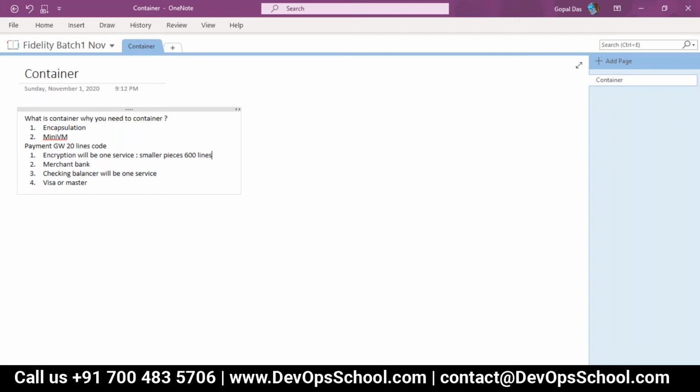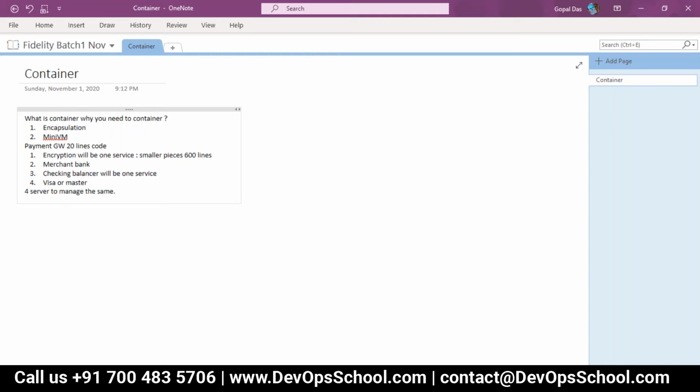So we get the benefit that if there is a bug in the code, I can easily identify it, rectify it, and make my app up and running again. But the problem arises here: in the payment gateway, if I break it down into 4 different parts, I need 4 servers to manage the same.